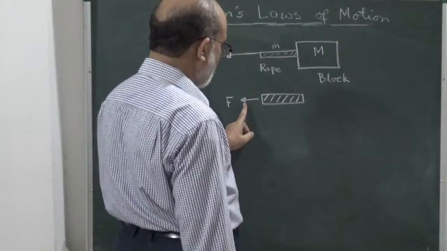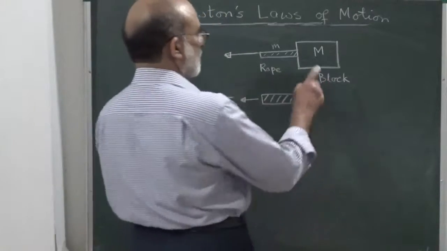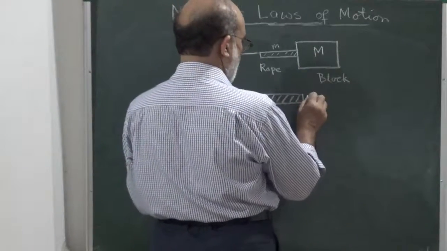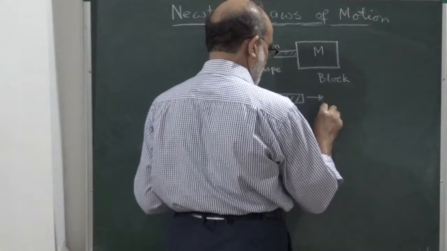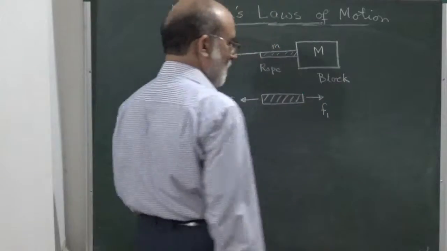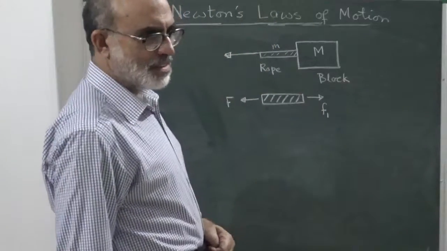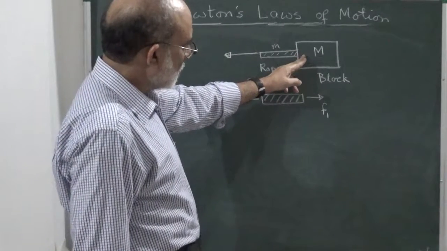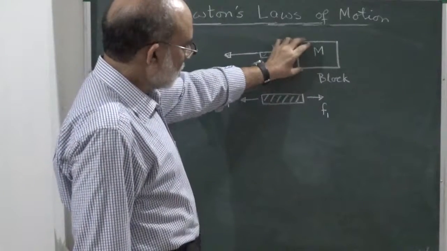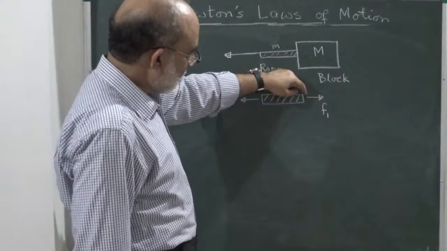If the surrounding acts with a force F here, this block will apply a force F1, because since it's attached, through the intermolecular force between the rope and the block, the block will apply a certain force.